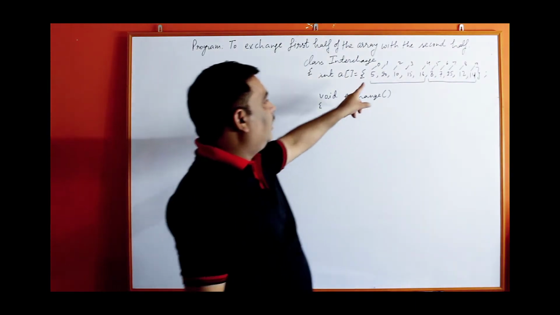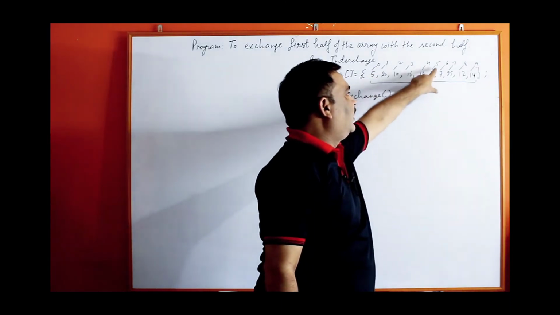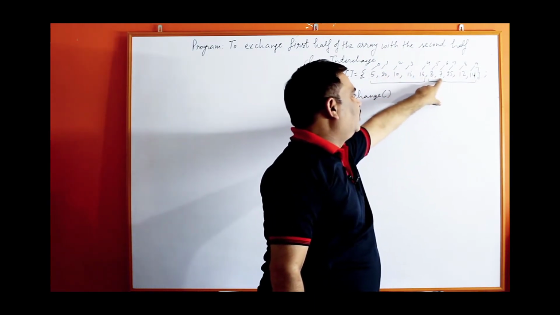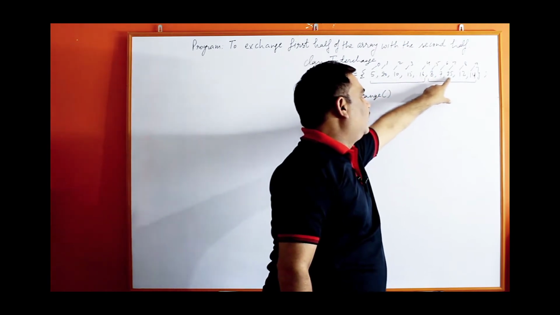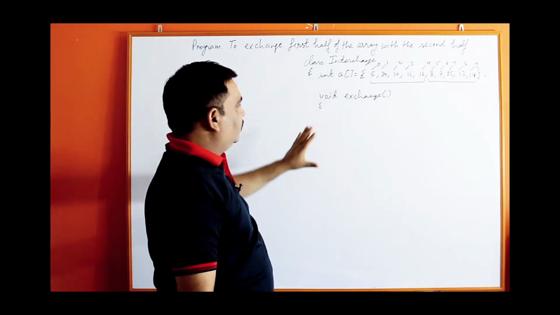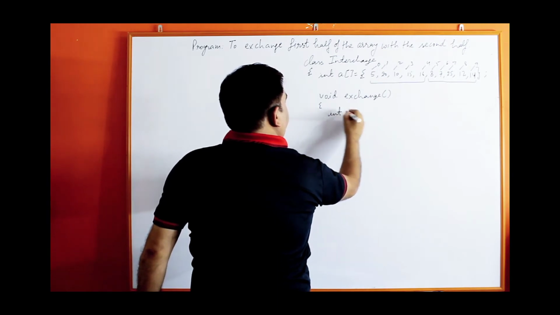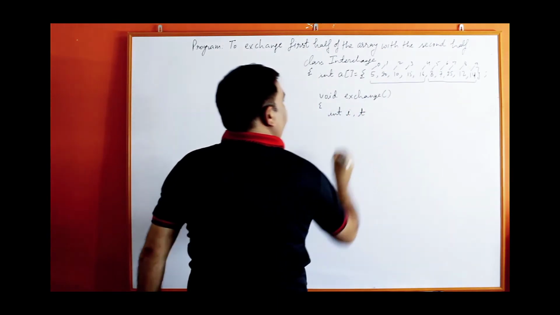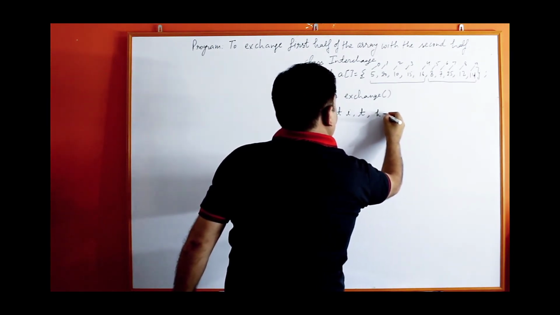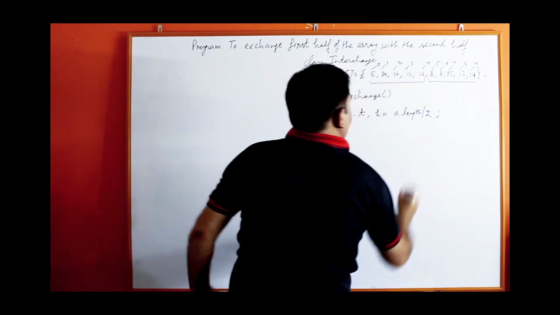The logic is you can exchange or swap the first value at index 0 with the value at index 5, that is 5 and 8, you can exchange, and 20 and 7 you can exchange, 10 and 25 you can exchange, 15 and 12, 16 and 14. So in this function, I am initializing one loop variable, one temporary variable to exchange, and calculating the half of the array, dividing the length by 2.